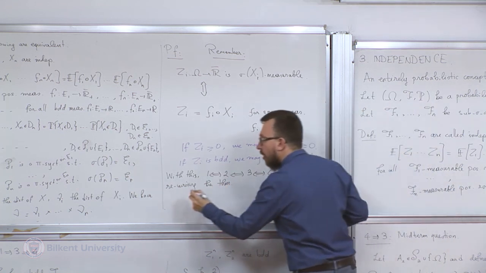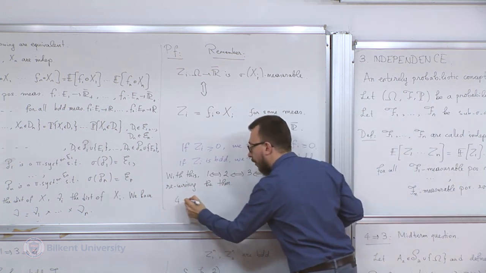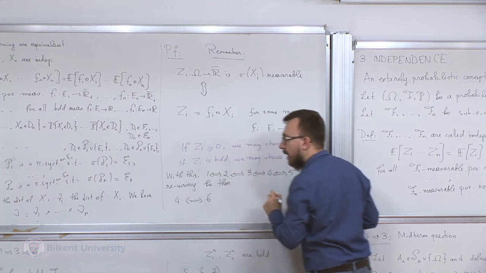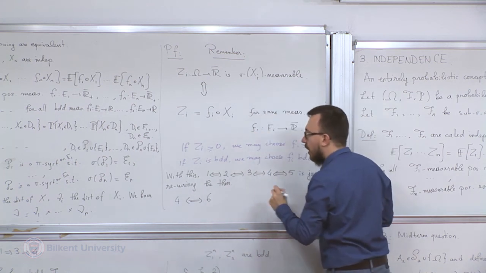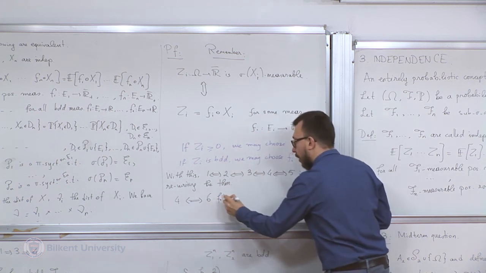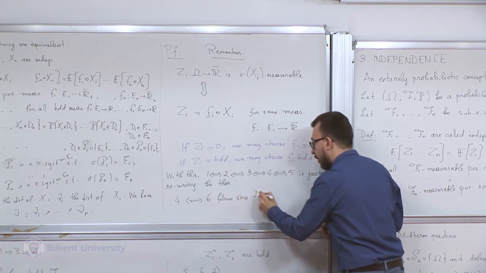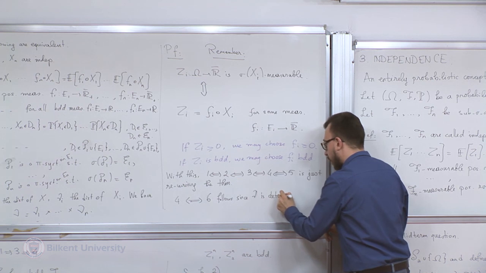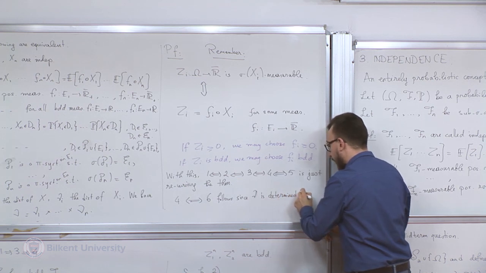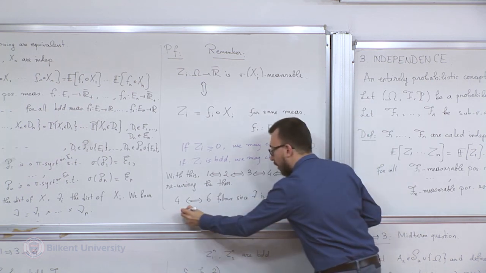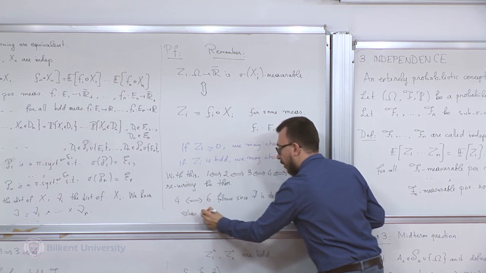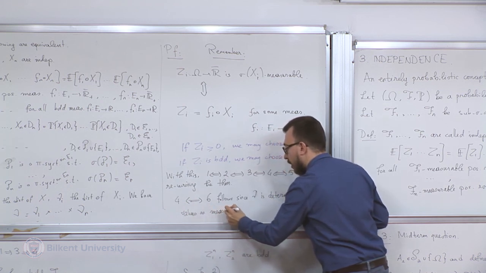And 4 is equivalent to 6 follows since nu is determined by its values on measurable rectangles.